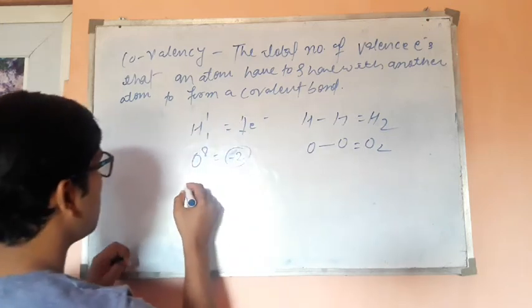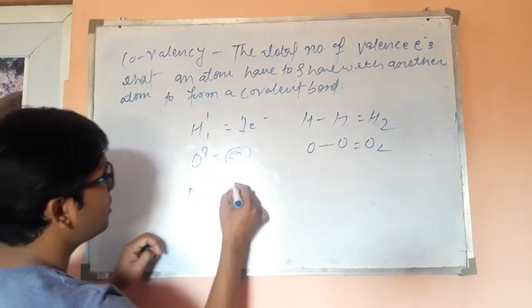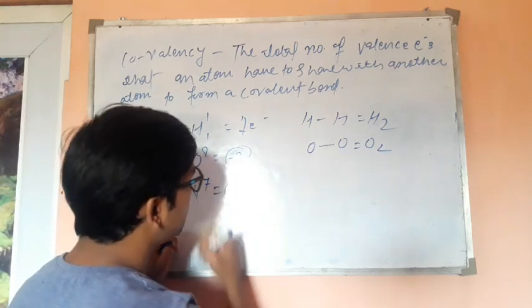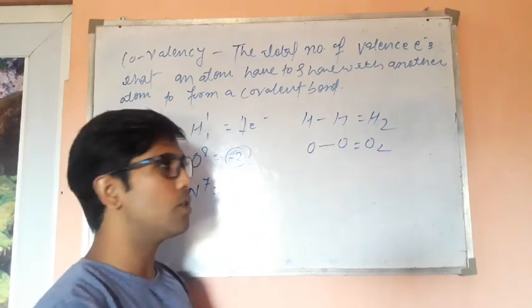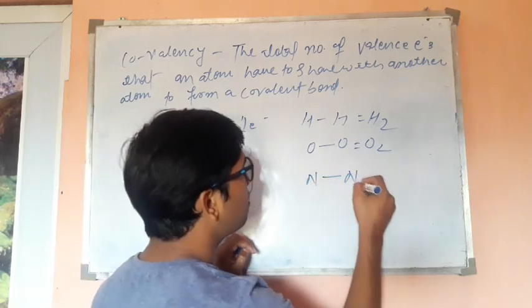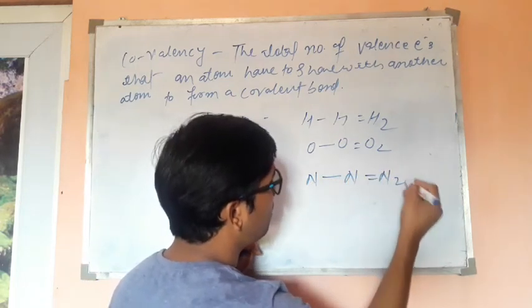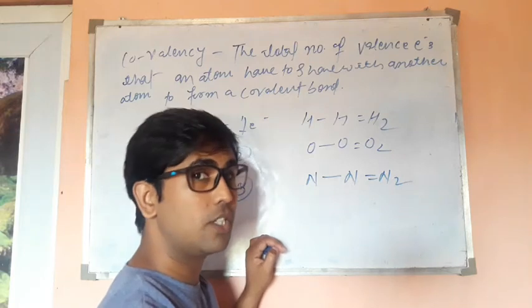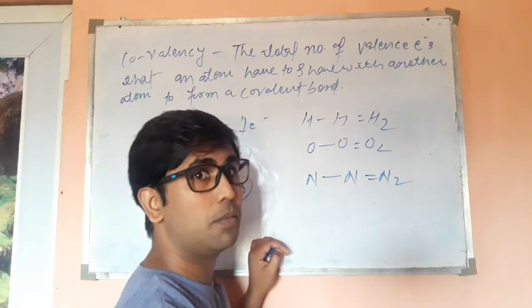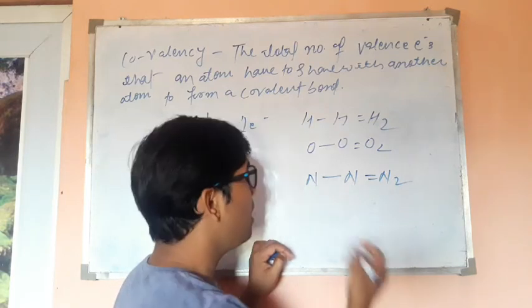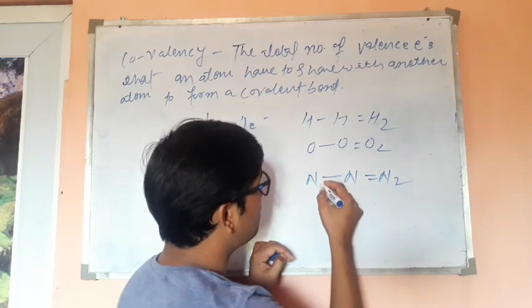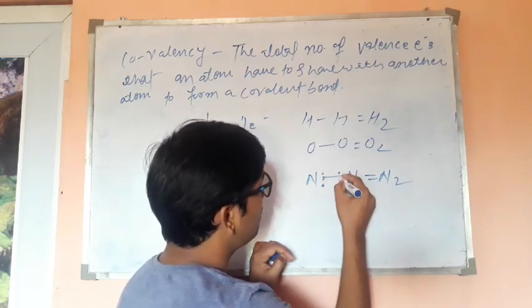In the same way, nitrogen has the ability to share 3 of its electrons. If nitrogen combines with another nitrogen to form dinitrogen, the diatomic molecular form of nitrogen, it will use 3 of its electrons.